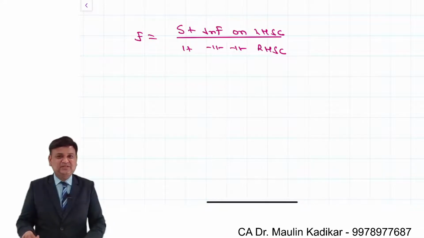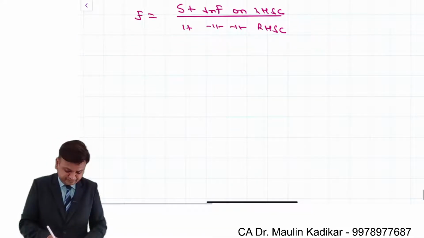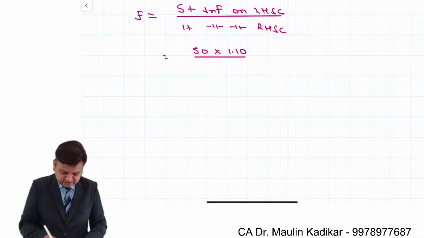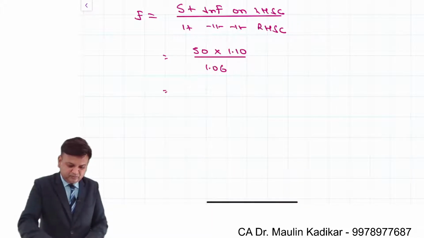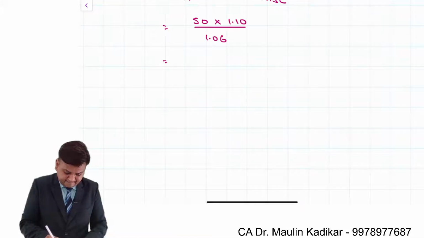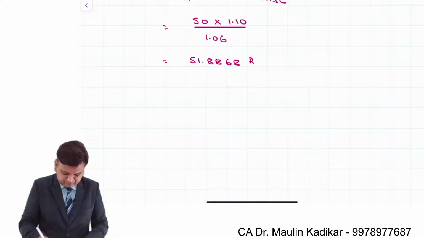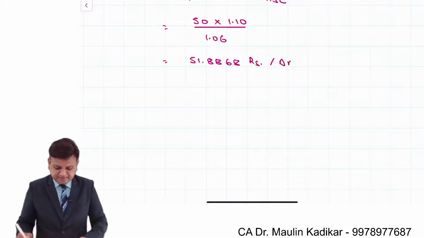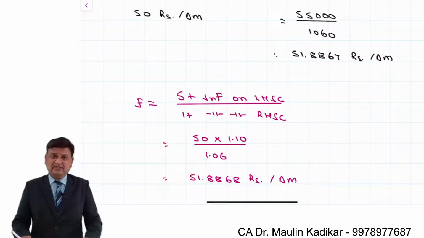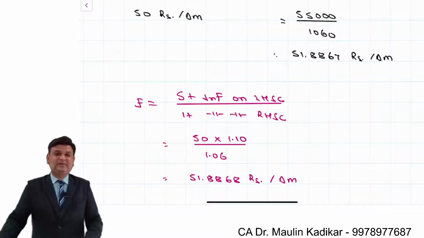That is the only change. So 50 into 1.10 divided by 1.06, so 55 divided by 1.06, that comes to 51.8868 rupees per Dutch mark. This is the way we can compute even the forward exchange rate using purchasing power parity theorem.